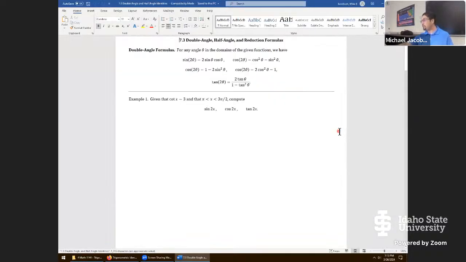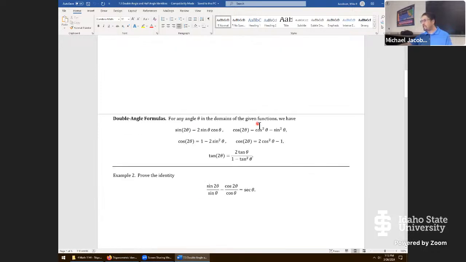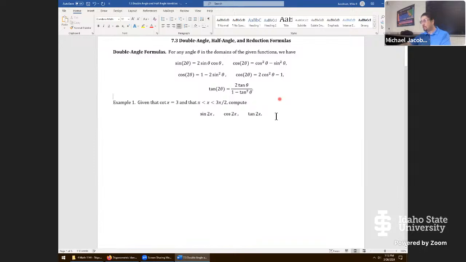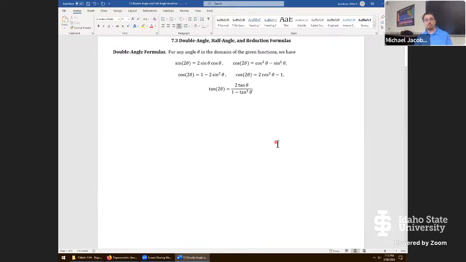And here's how section 7.3 starts. It begins with this identity that we just proved for the double angle formula. And there's a whole bunch of other identities on this list. Let's do example 1 below and spend some time with these identities, just absorbing the information.